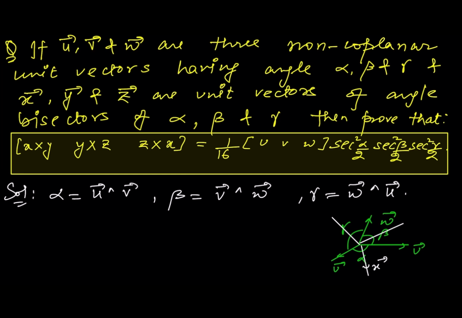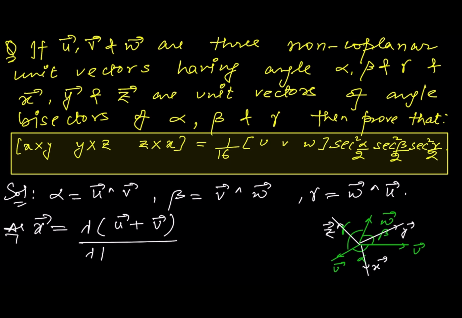So x vector, y vector and z vector. So x vector is lambda times u vector plus v vector upon lambda times mod of u vector plus v vector, because x vector is a unit vector. So I am dividing by modulus of u plus v.